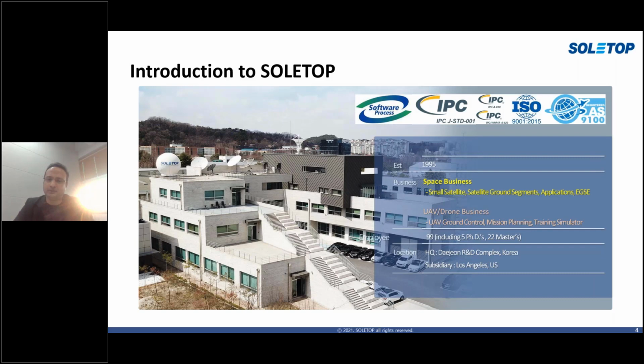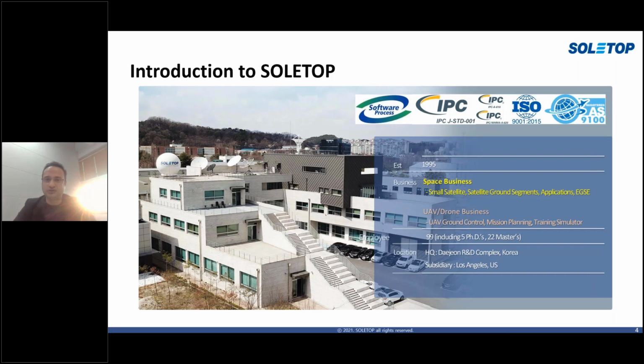But overall, the mission planning and ground control based software and systems are being developed in Soletop. We have about 99 people right now, including 5 PhDs and 22 masters. Our headquarters is in Daejeon in Korea, and the subsidiary is in Los Angeles, US. So quite globalized in recent times.